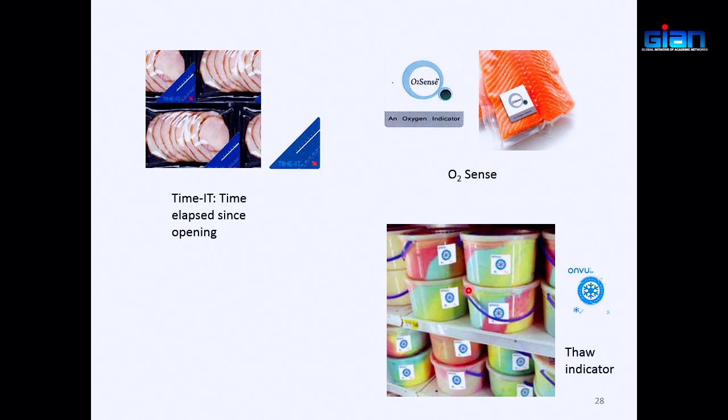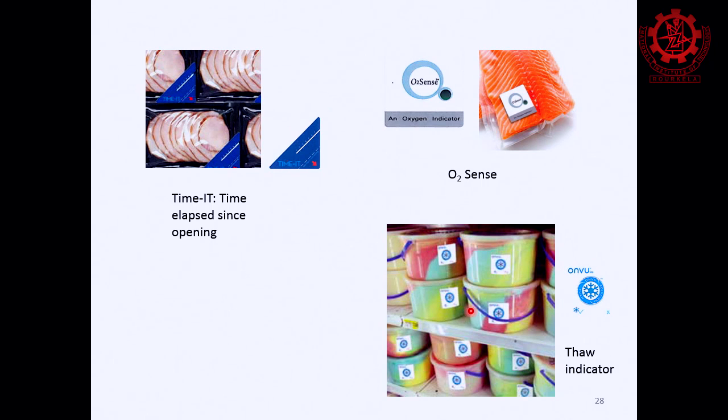So they have this label here whose chemistry is adjusted such that if the temperature at this surface becomes more than 0 degrees C for a certain period of time, then they will see melting of this ice cream. Then this will change the color and it will tell that the product was thawed.